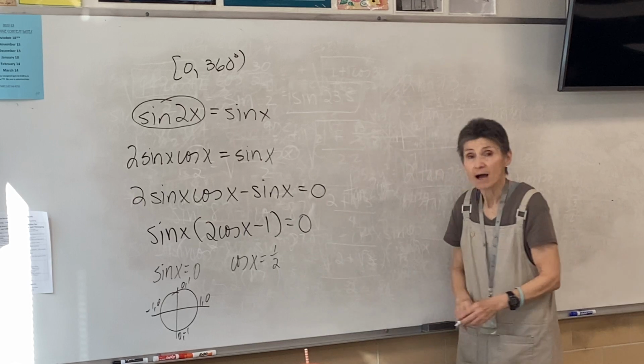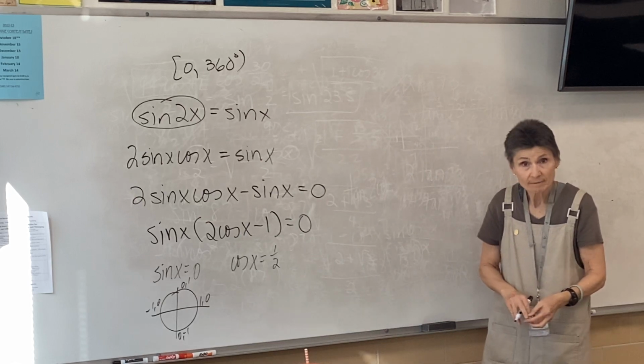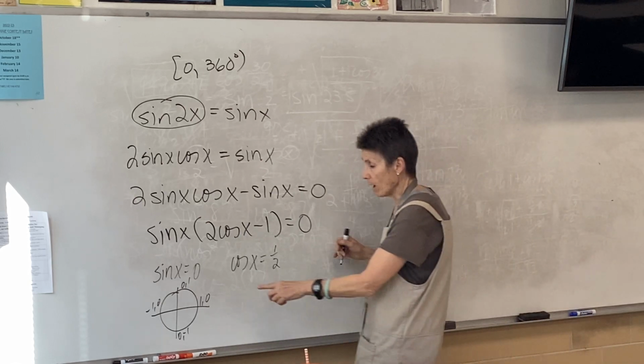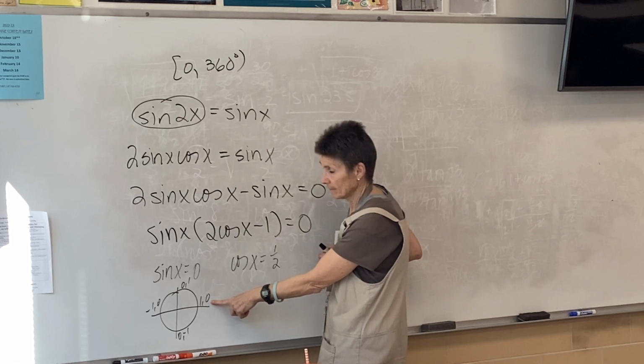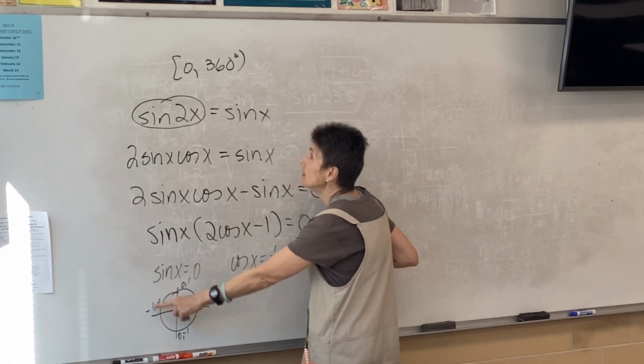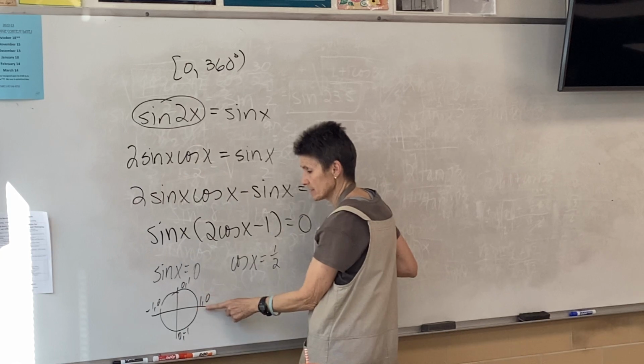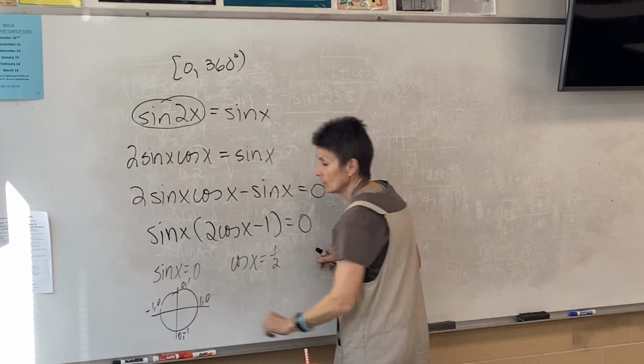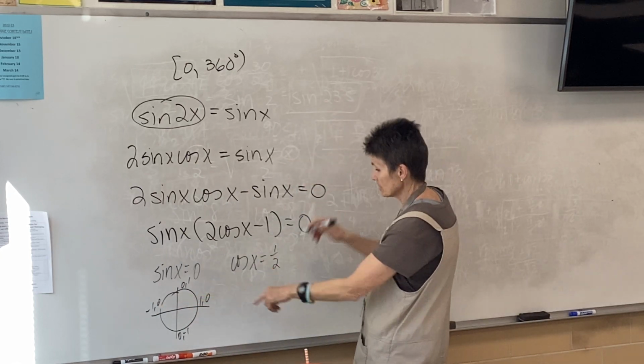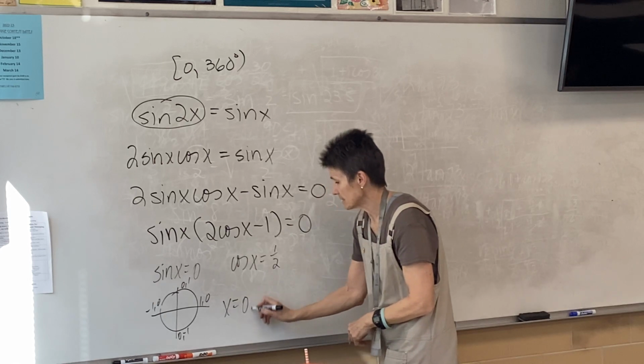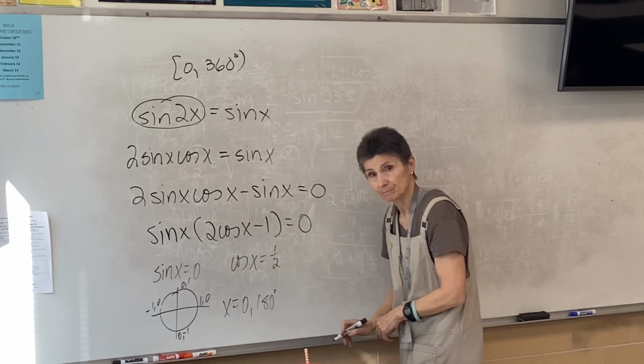And if it's sine, it's y. And it looks like y is 0 right here and right here. We're in degrees, so we'll say 0 and 180. So the answer to the first part is 0 and 180.